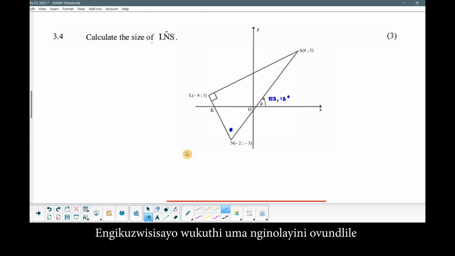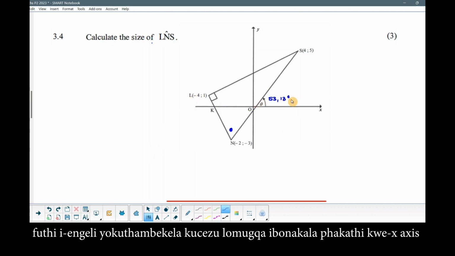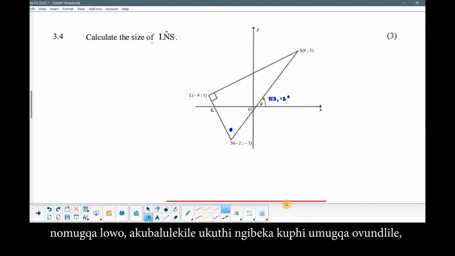What I do understand is that if I have a horizontal line and the angle of inclination to a line segment appears between my x-axis and that line, it doesn't matter where I put a horizontal, all these horizontals will be parallel to each other.